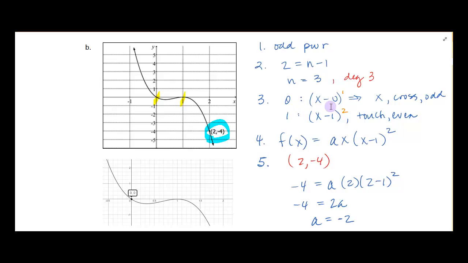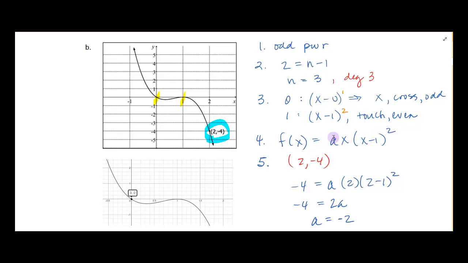Now, because we are crossing at 0 and touching at 1, we have an odd power for the x term, which we can say to the first power. We have an even power for the x minus 1 because we're touching. So those would look like x to the first and (x minus 1) to the second.